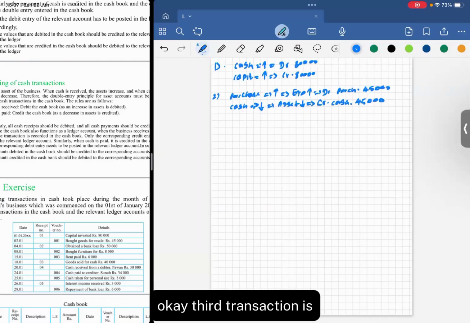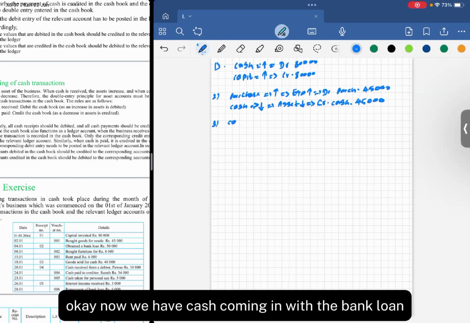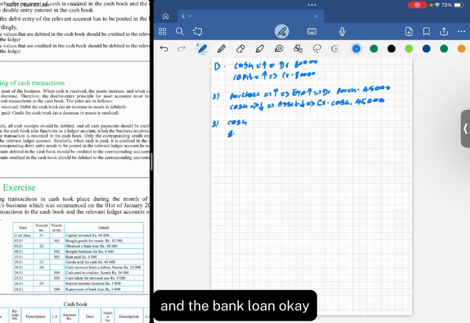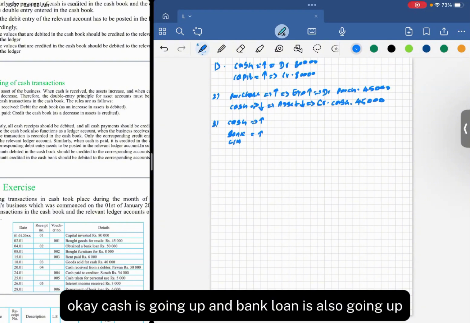Now we are going to the third transaction. Third transaction is obtain a bank loan of rupees 50,000. Now we have cash coming in with the bank loan. Cash is going up and bank loan is also going up.